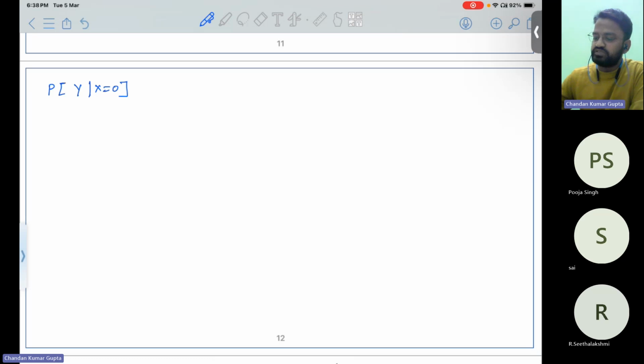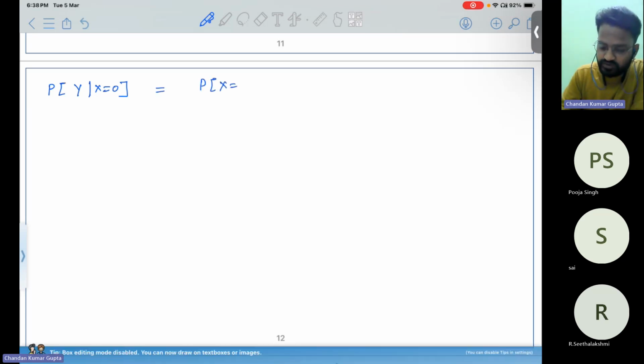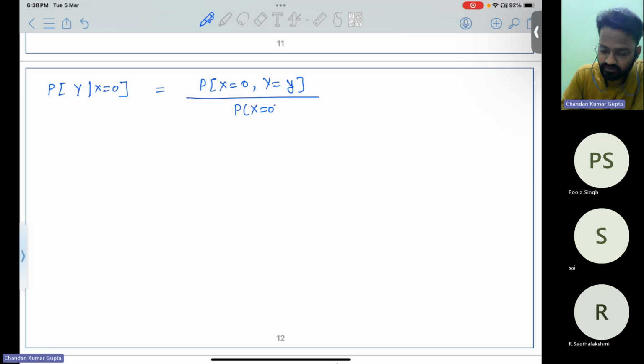Okay. So this can be calculated by probability that x equal to 0, y equal to y, divided by probability that x equal to 0. So we can create a table.